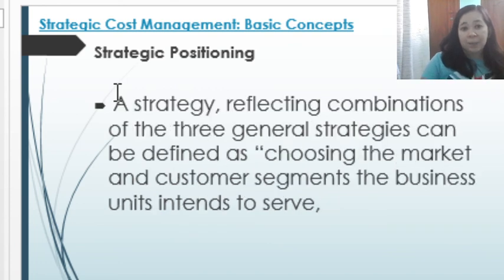So a strategy reflecting combinations of those three general strategies can be defined as choosing the market and customer segments the business unit intends to serve.